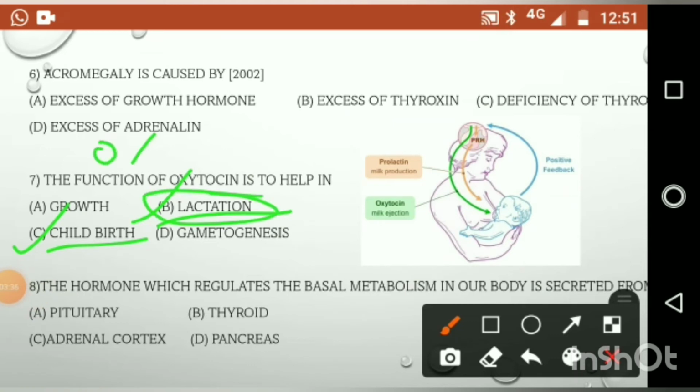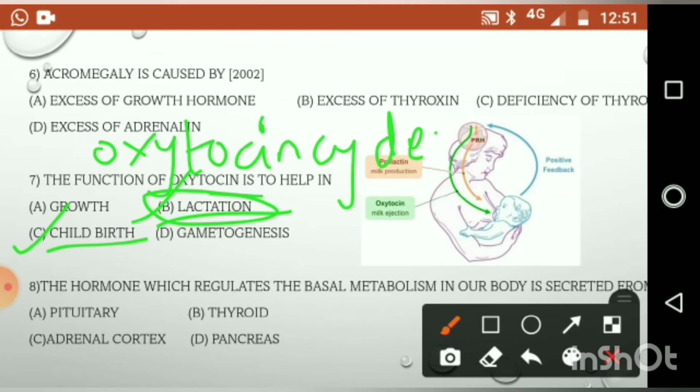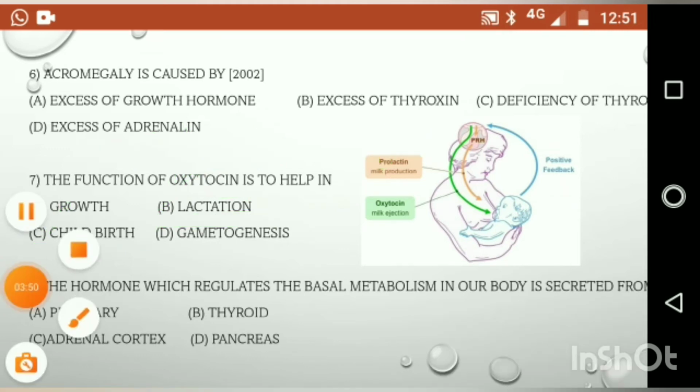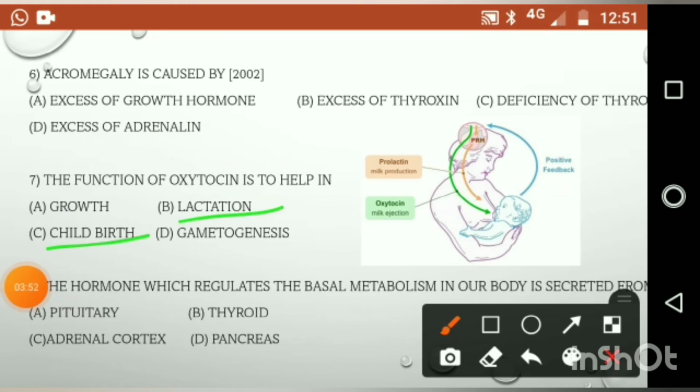Now some of you will be familiar with the word oxytocin cycle. Basically, as you can see in this picture over here, this is the oxytocin cycle which occurs.